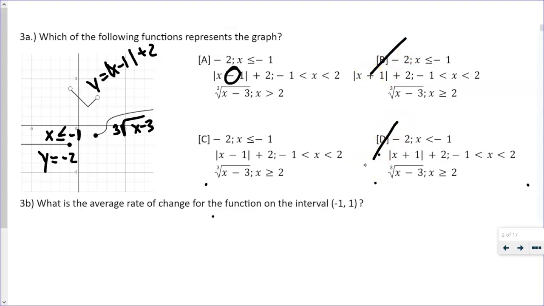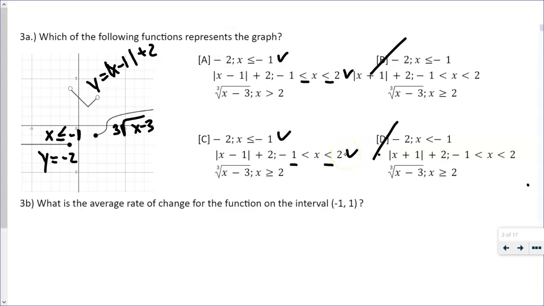Now, let's see if it's A or if it's C, okay? Now, for the absolute value function, I got both open circles. That is correct. Okay, so the first point checks out and the second point checks out for both.